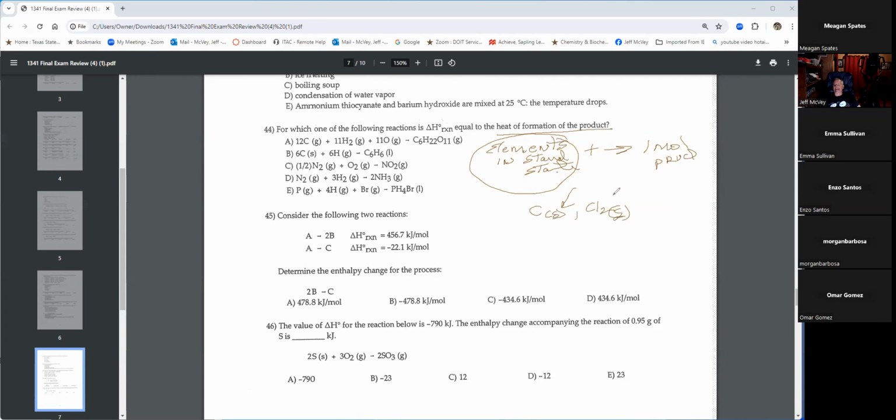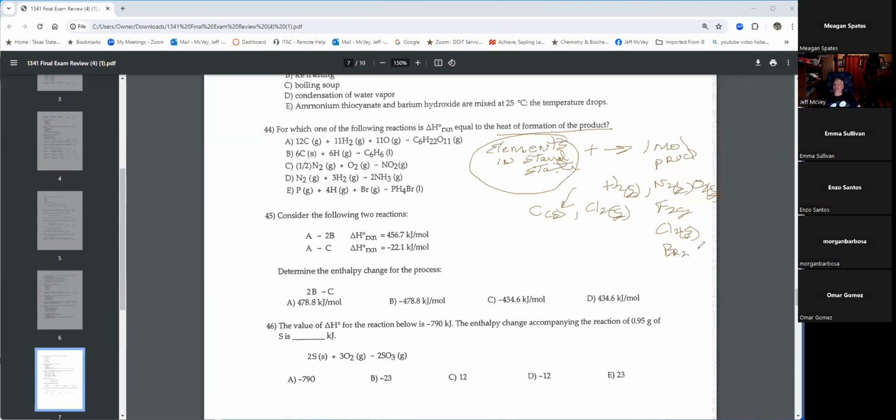You have your gases like H2 gas, your diatomic molecules, N2 gas, O2 gas, F2 gas, Cl2 gas.